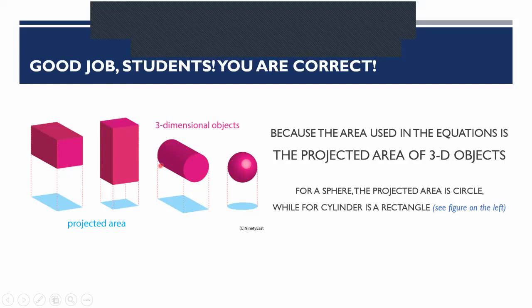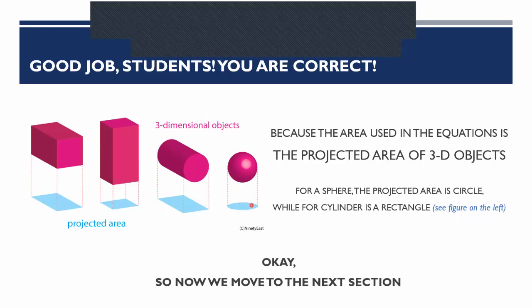However, since it's the projected area, you can see it's a rectangle, so it's L times dp only. While for the sphere, the projected area is a circle, so of course we can just use the equations for a circle to calculate the projected area of a sphere.